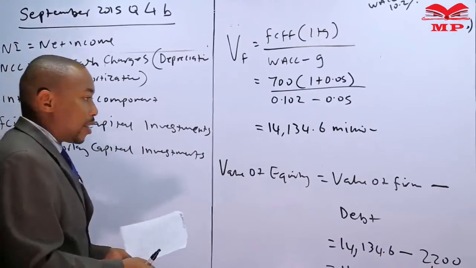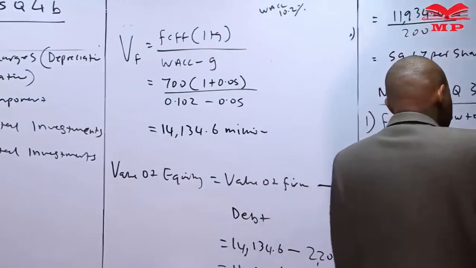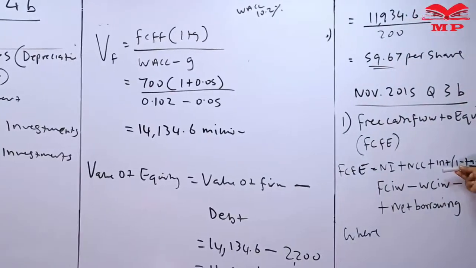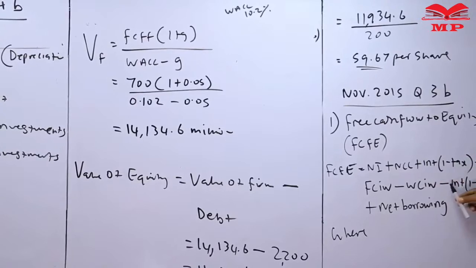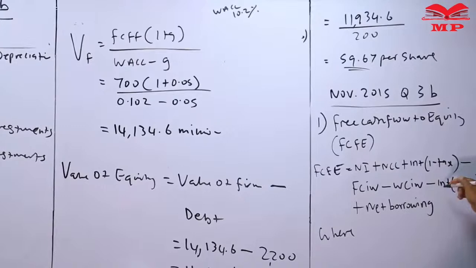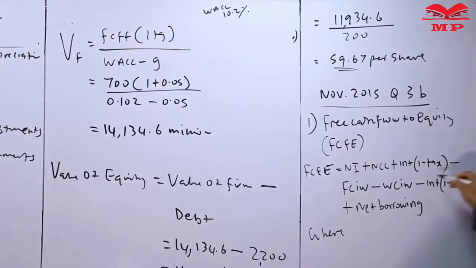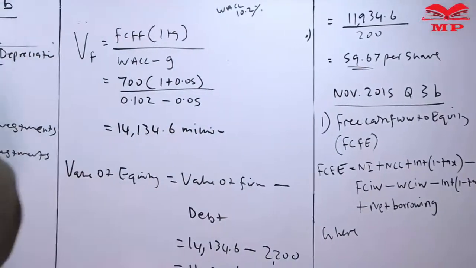But notice one key thing on the formula here: this interest component nets off, because here you're saying plus interest times 1 minus tax, and over here you're saying minus interest times 1 minus tax. So we can just cross off those two, and we have this final formula for FCFE.